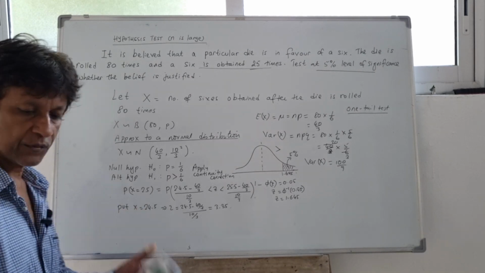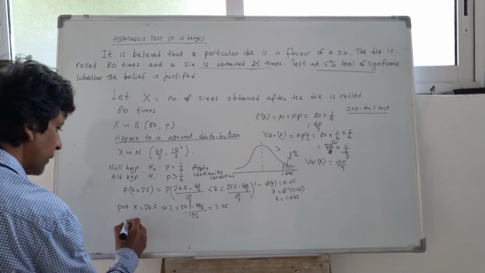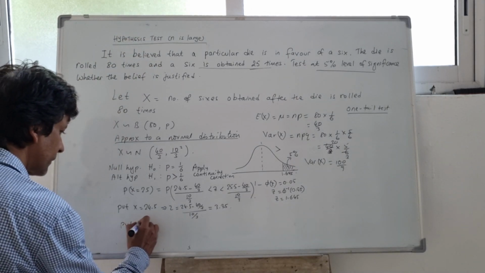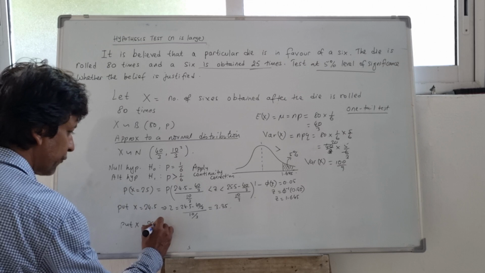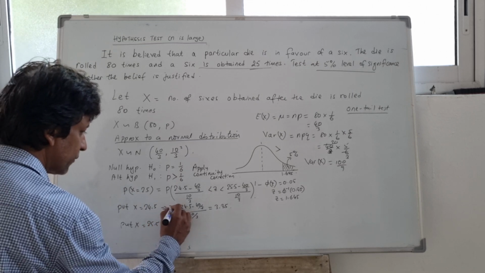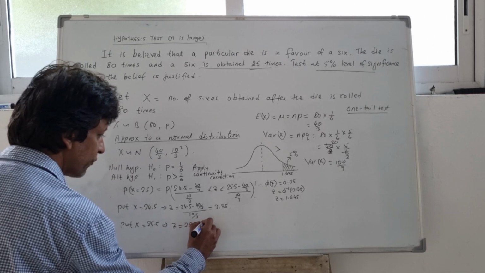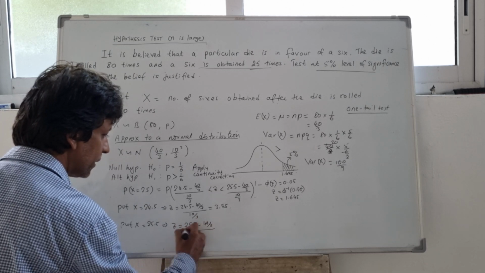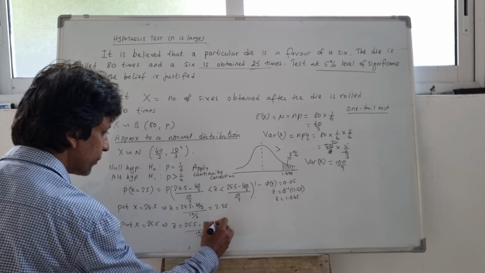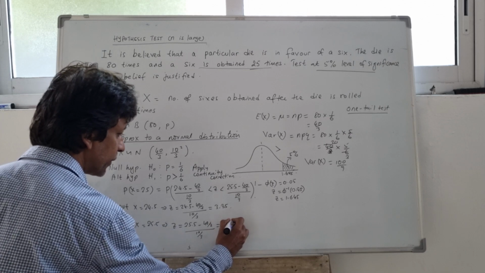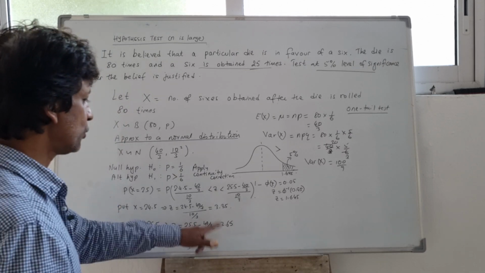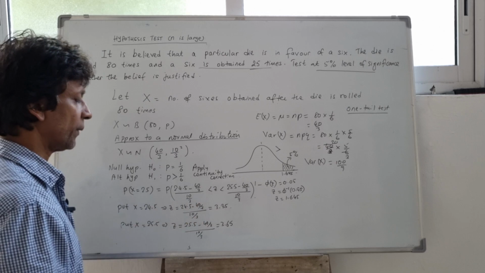Right, so this is correct, 3.35. And now if I put x equal to 25.5, I get a second value of z, which is 25.5 minus 40 over 3, all divided by 10 over 3, and this comes to 3.65.